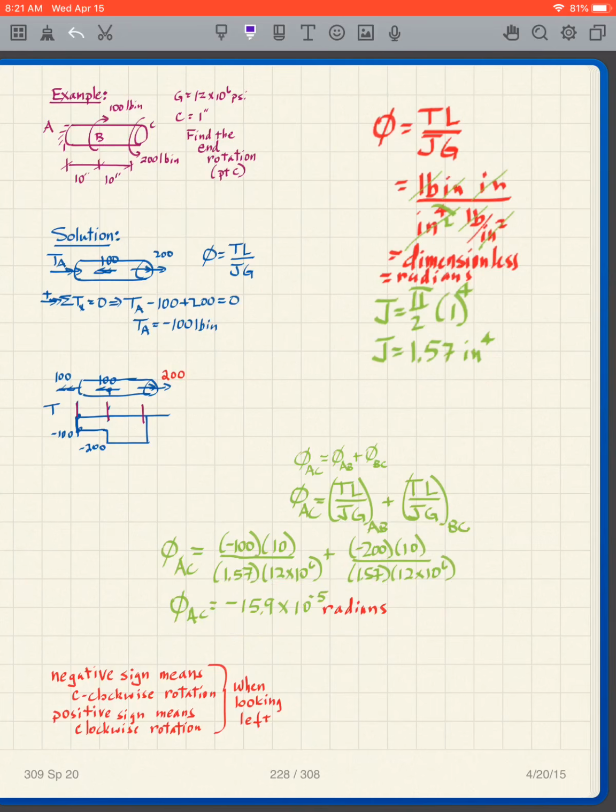What is the negative? Now the negative sign has some meaning. Well, the negative sign means counterclockwise rotation when looking left. In other words, if I'm standing here and I'm looking left, what I find is that the rotation is counterclockwise in this particular case.